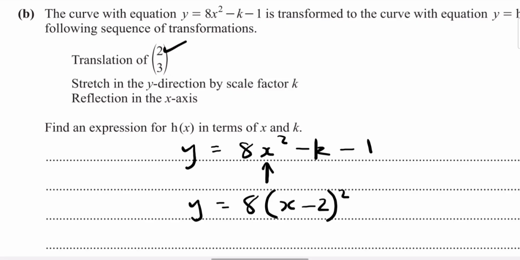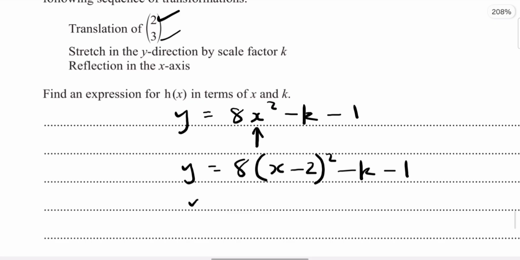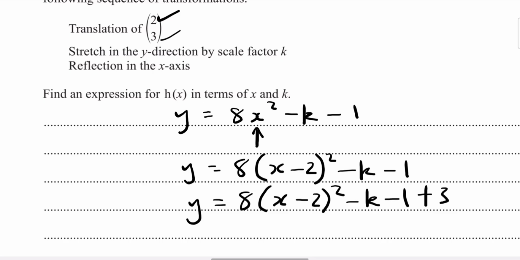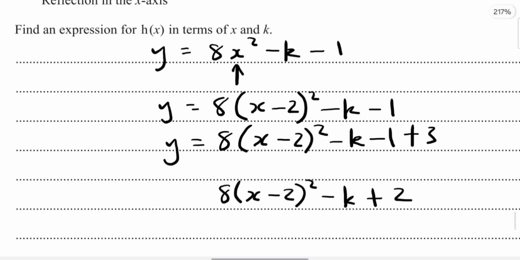Applying the other translation, in the vertical axis, we say y is equal to 8(x minus 2) squared minus k minus 1, then plus 3. This one we write as it is, and this will be 8(x minus 2) squared minus k plus 2.